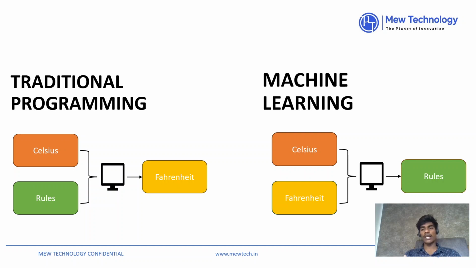On the other hand, with machine learning techniques, I have a Celsius input value and a Fahrenheit output value. I have both input and output values, but I don't know the rules. I give the input and output to the machine, and the machine finds the rules. This is the difference between traditional programming and machine learning.